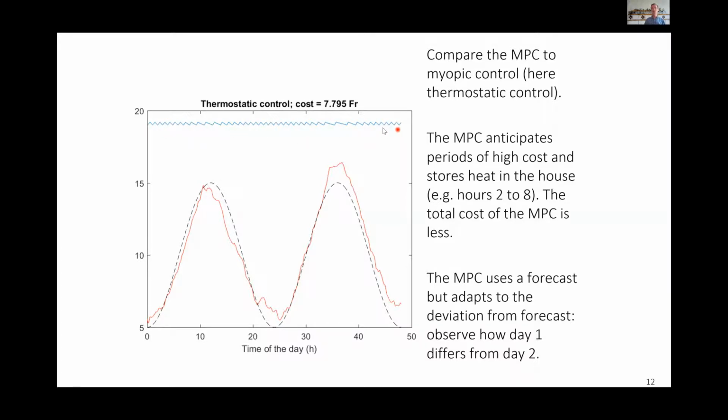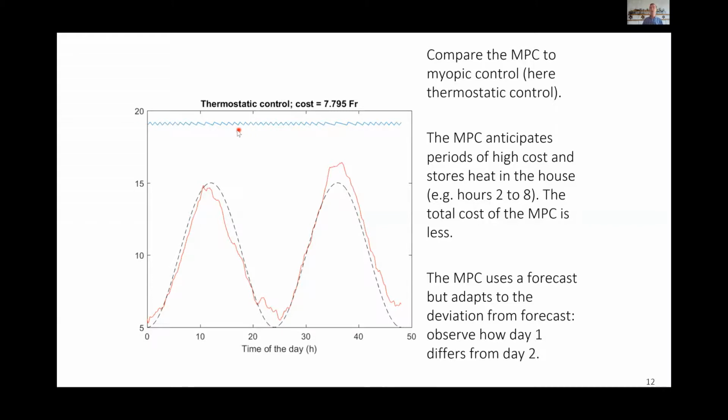So it will be on-off, and it will provide this quasi-constant temperature. But of course, it completely ignores the fact that there's a period of the day where heating was very expensive. And this turns out here in the price, we will see that we are significantly more expensive. We're not adapting, so the thing is completely myopic. This is the state of most heating systems today.